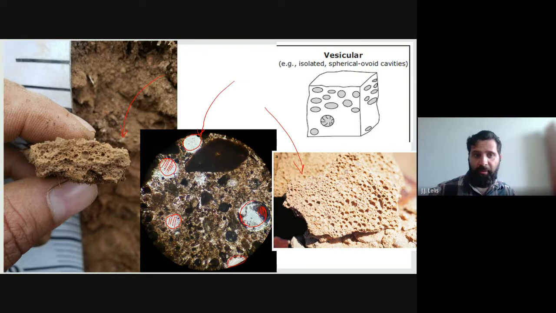All of these are observed in the field, of course, and these voids are also observed in the microscope in the lab. Okay, and I want to ask you all, how do you think that we could create this kind of void in soils?